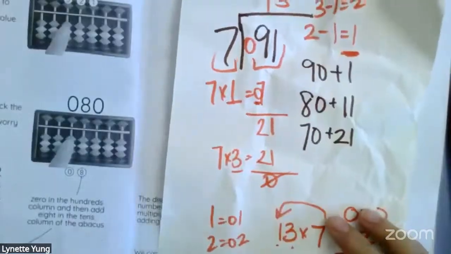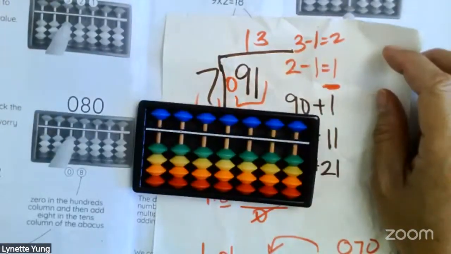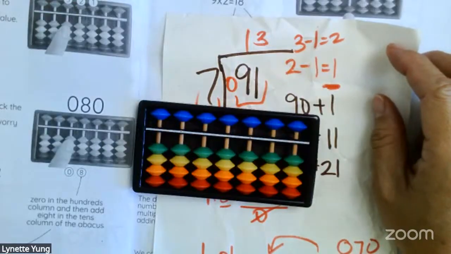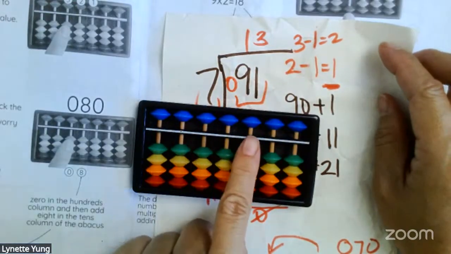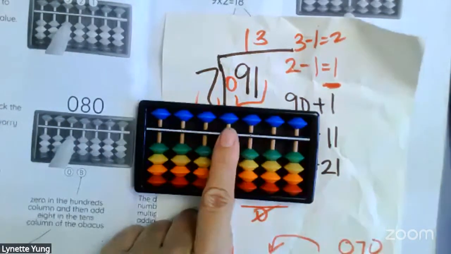It's just automatic for me. I don't need to write the zero because I know it's there. You just need to know to move your finger over. I don't worry about it because I know it's there.